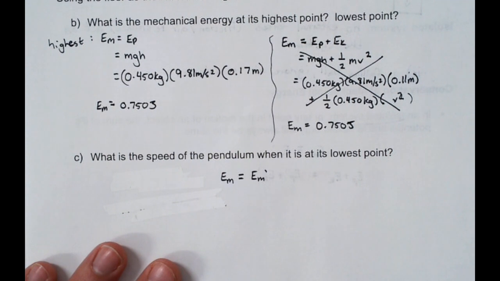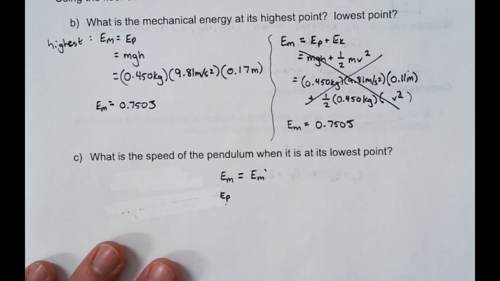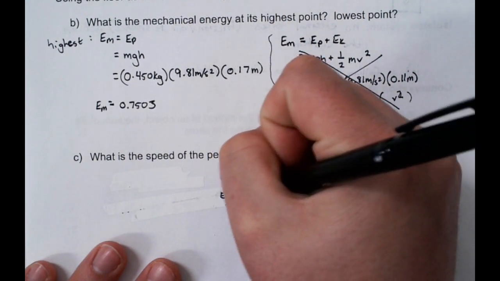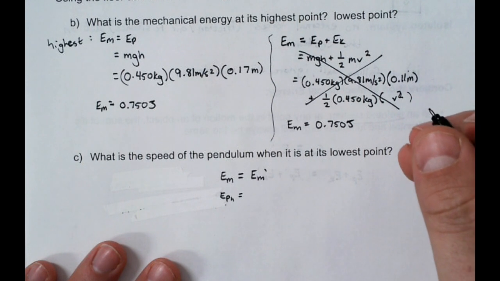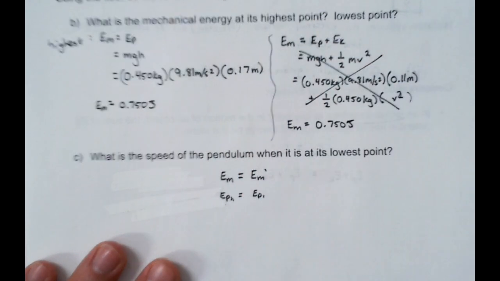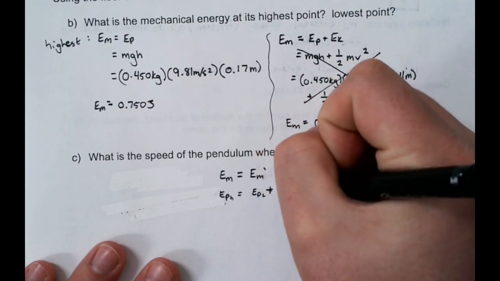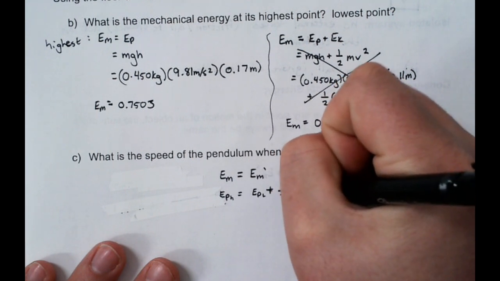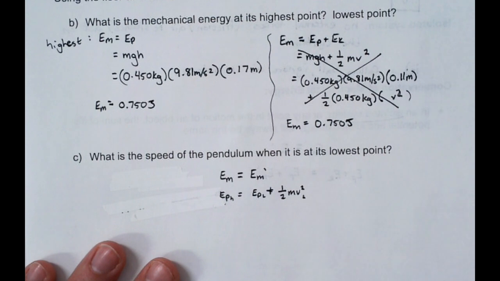So if we're using our highest point, we have the potential energy at its highest point is equal to the mechanical energy at its lowest point, or its potential energy at its lowest point, plus its kinetic energy, 1/2 mv squared at its lowest point.